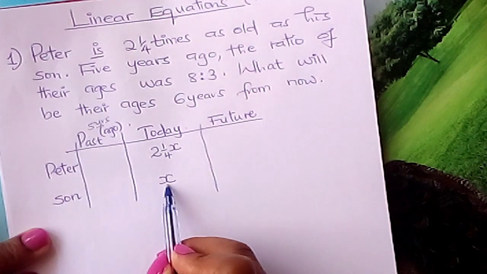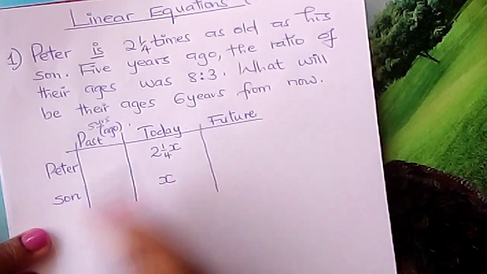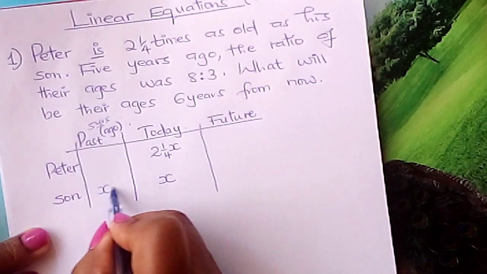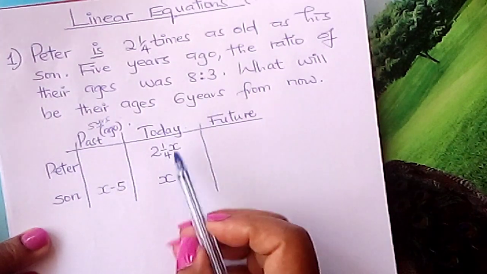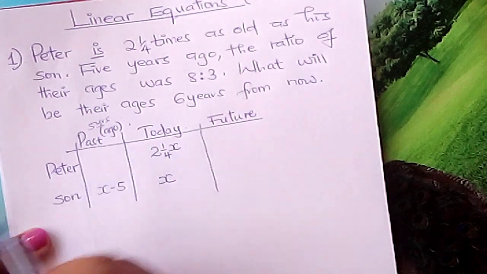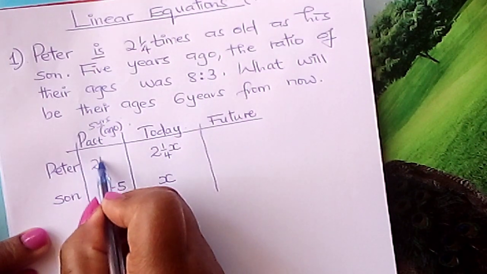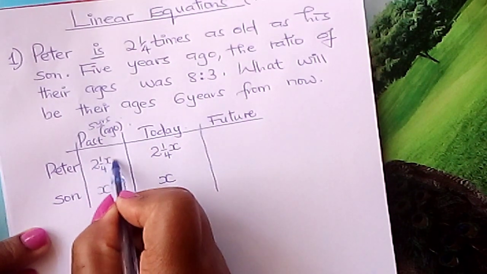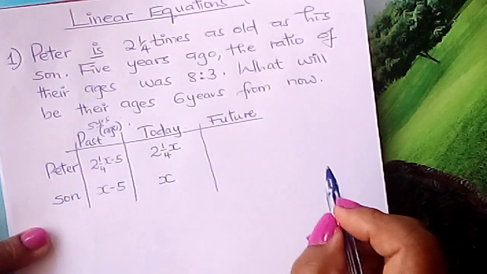If today the son is X, 5 years ago you subtract the 5. If today Peter is 2 1/4 X years old, 5 years ago he was 2 1/4 X minus 5.